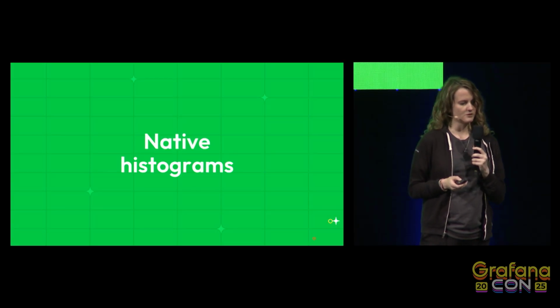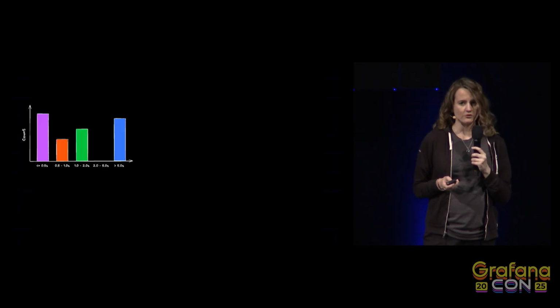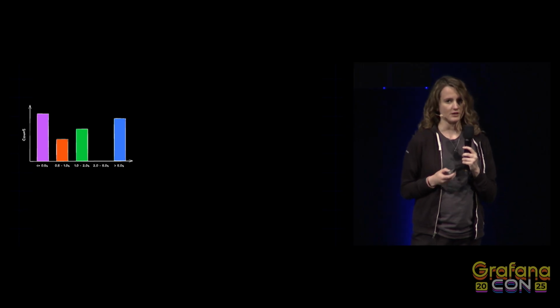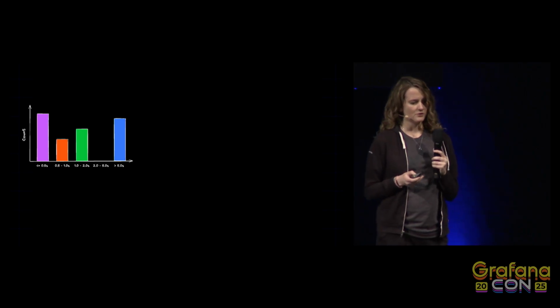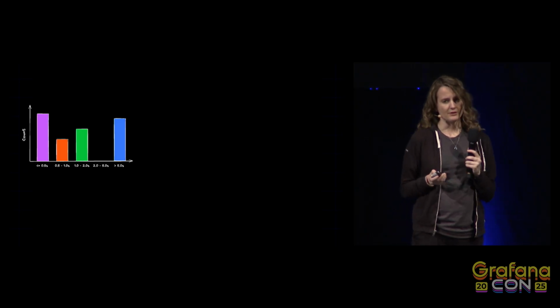And next, we're going to talk about native histograms. In general, histograms store distributions of data points rather than raw data by storing counts of values that fall between certain ranges, and they're often used for quantile estimation. Historically, if you wanted to measure things like latency of requests in Prometheus, you would use classic histograms.